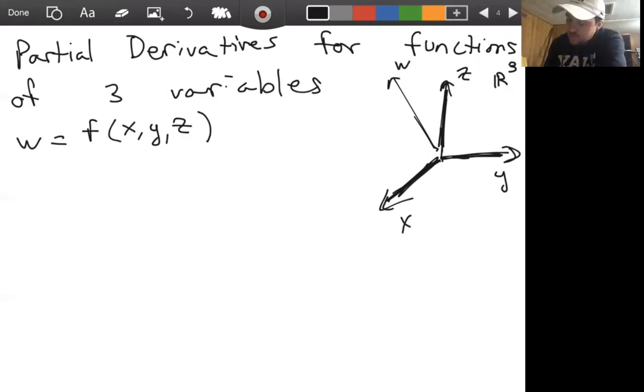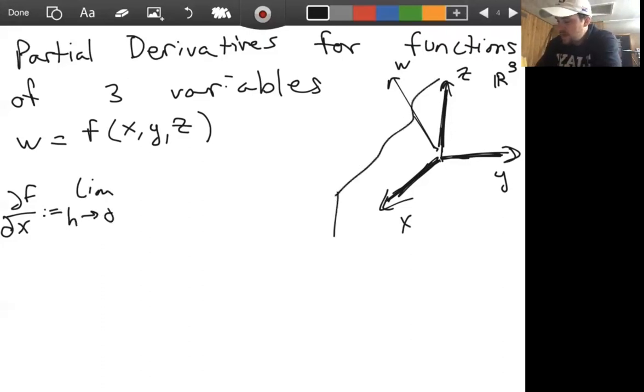Well, we get similar definitions. So we have the partial derivative of f with respect to x defined to be the limit as h approaches 0. It's the same idea, but now it's a surface and not just a curve.